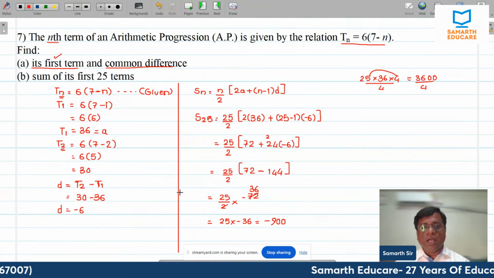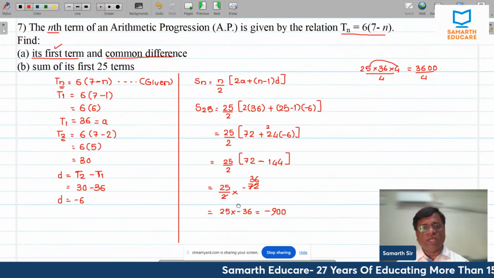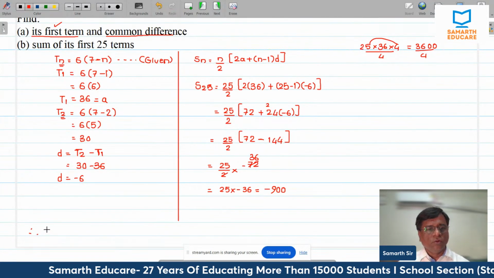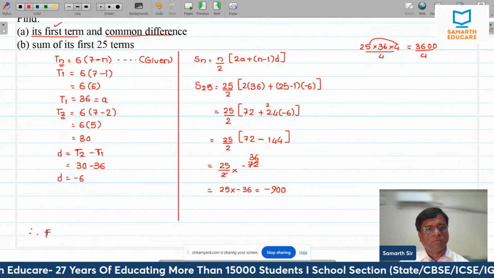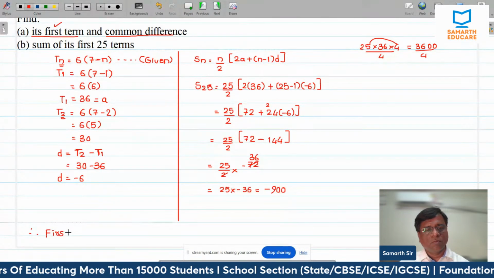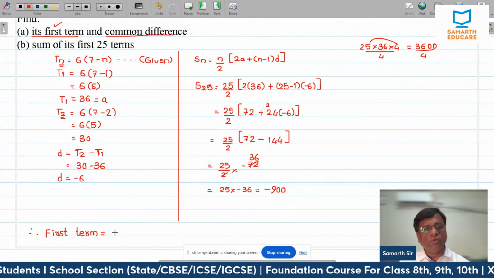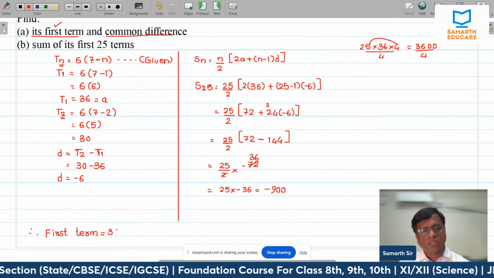Now here you definitely have to write the final answer. The final answer would be, therefore, first term is equal to 36.